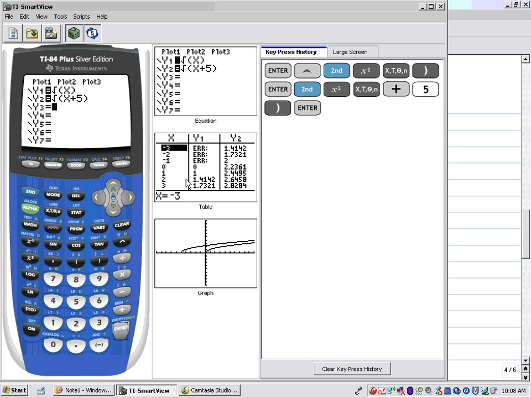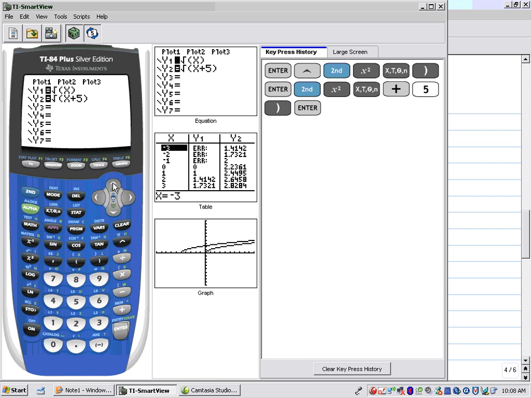But now, what is producing that same effect on the new function? On the new function, it is negative 3 that is producing that same y value. So in other words, we had to shift it in the negative direction to get the same effect in the y. And so this one shifts left by 5 units.